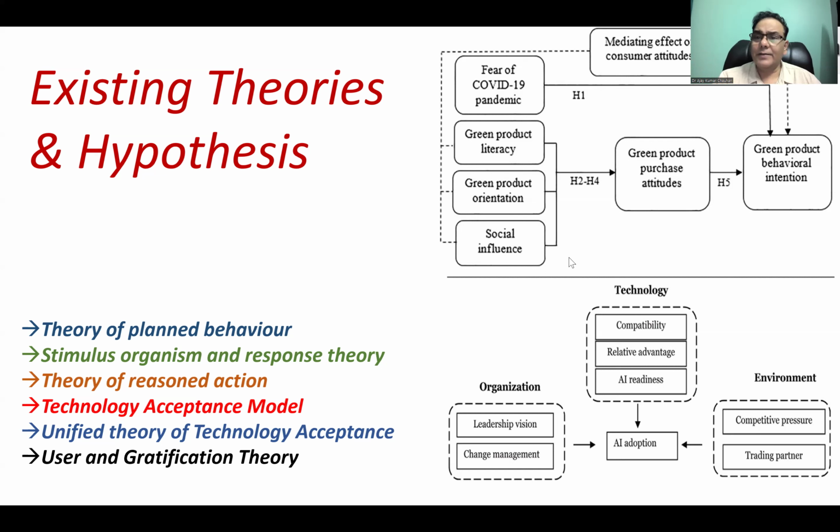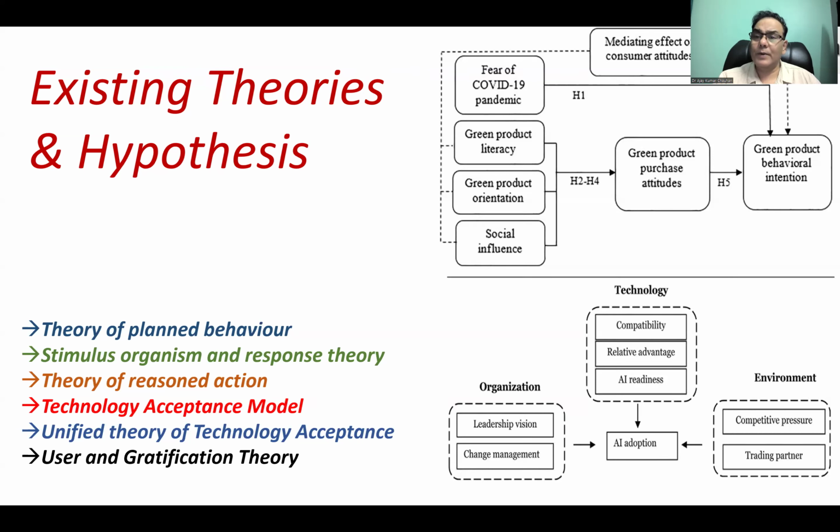Now, on the other side, these are two models which are not backed by theory, they are backed by the literature. For example, in the second example, you can see this is all about AI adoption. Why companies are adopting artificial intelligence.